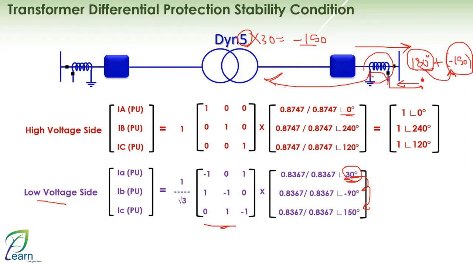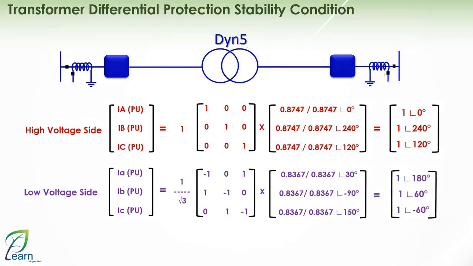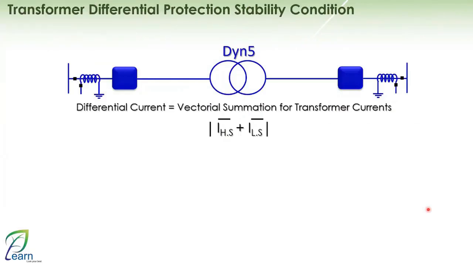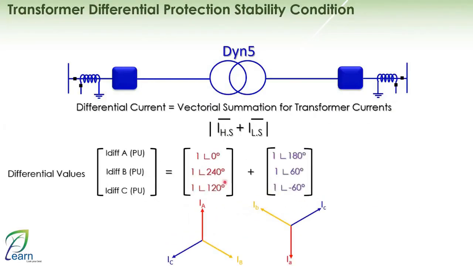This was of course explained in detail in the previous lectures. Referring back to our references again, the product of this matrix will give you 111 with angles of 180, 60 and negative 60. Therefore, when I calculate, for me, it is the directional sum of the currents which will result in 0.